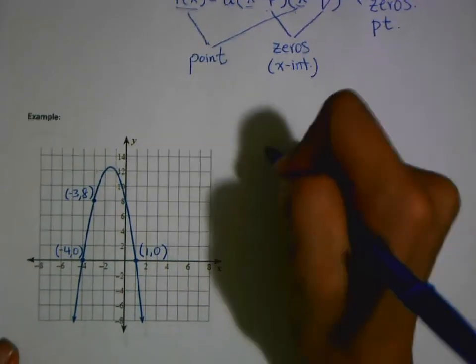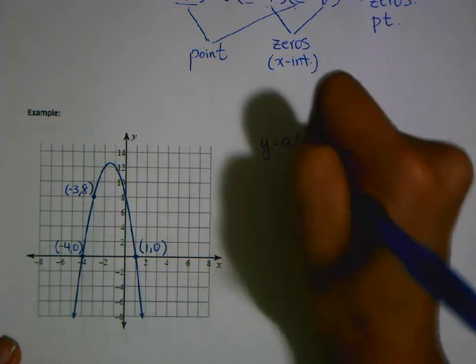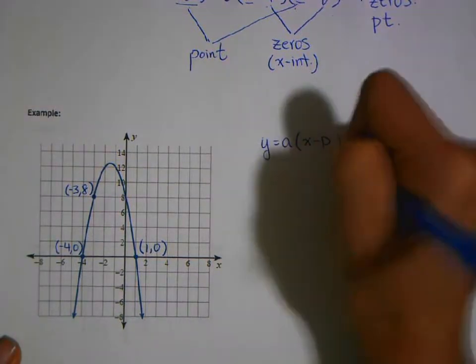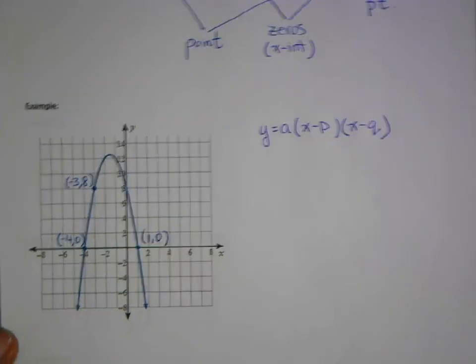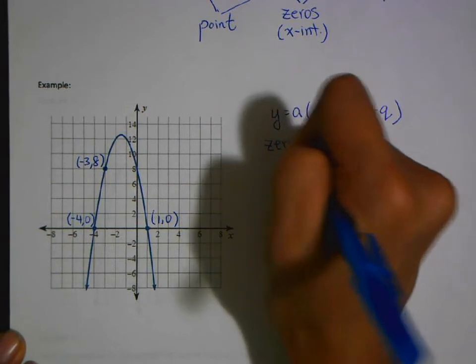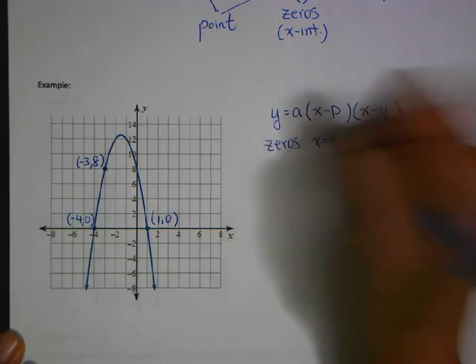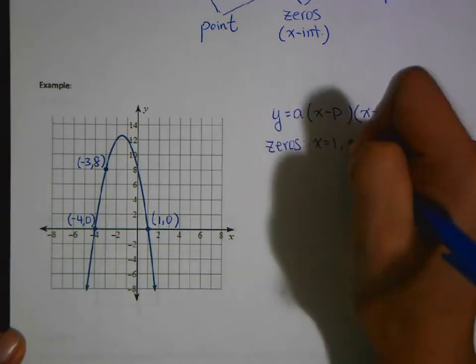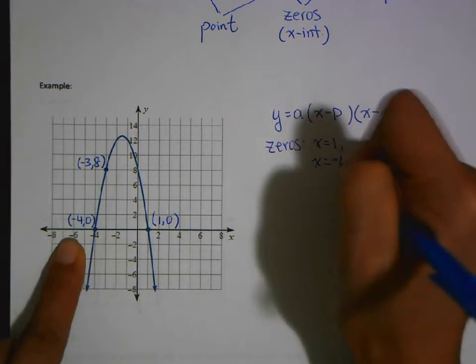Here's the equation that I'm going to use: y equals a times (x minus p) times (x minus q). I know that my zeros are at x equals 1 and x equals -4.